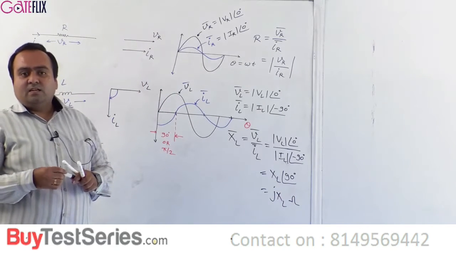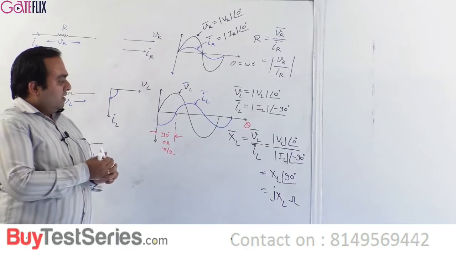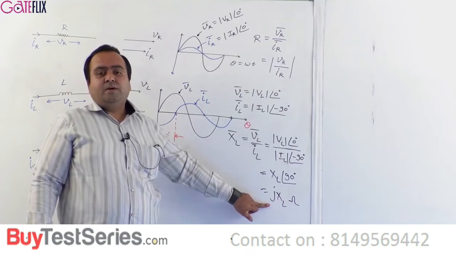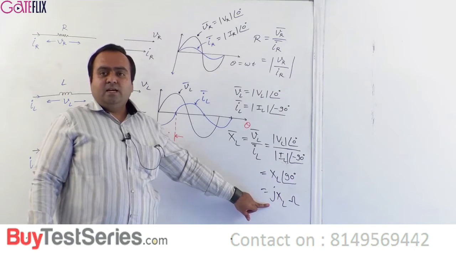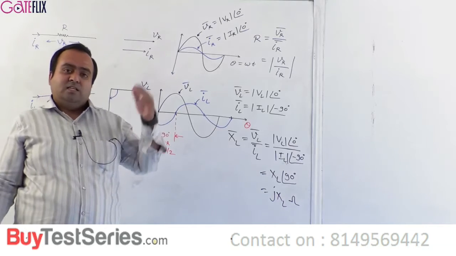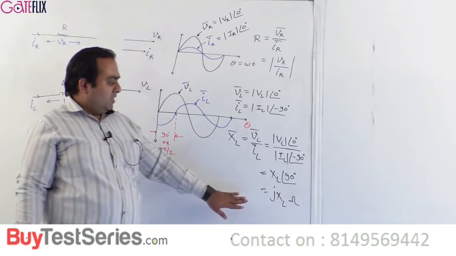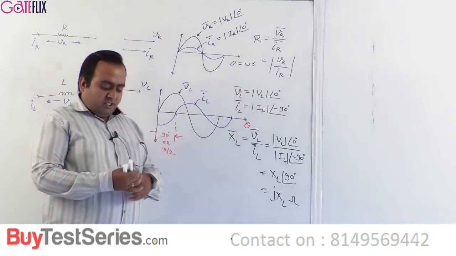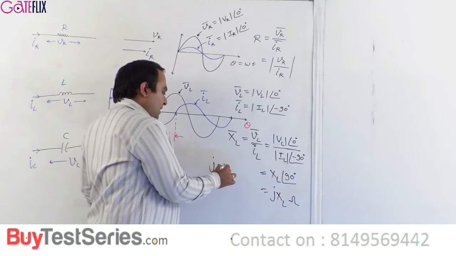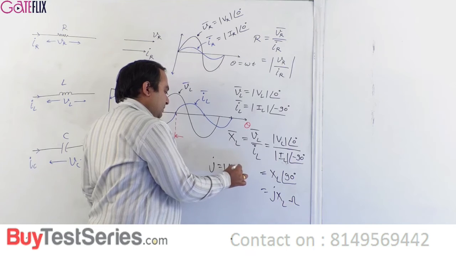So in phasor terms, the operator j will be there. This operator j is analogous to that number iota that you had studied, but here it becomes an operator. This operator j has a numerical value 1 angle 90 degrees.